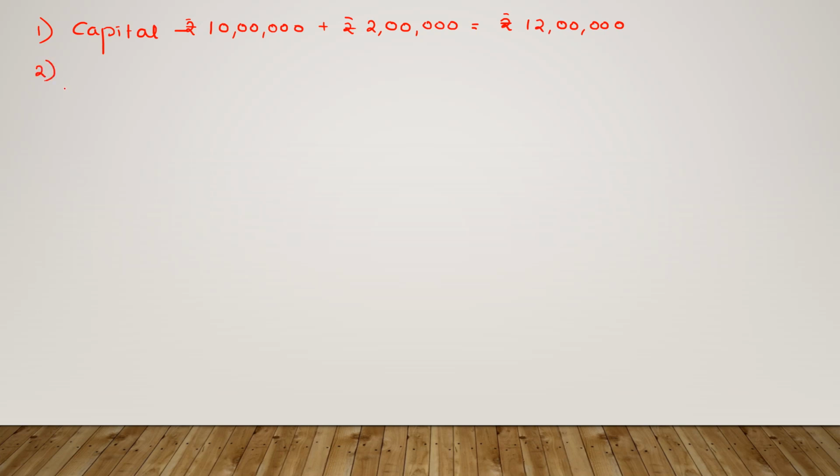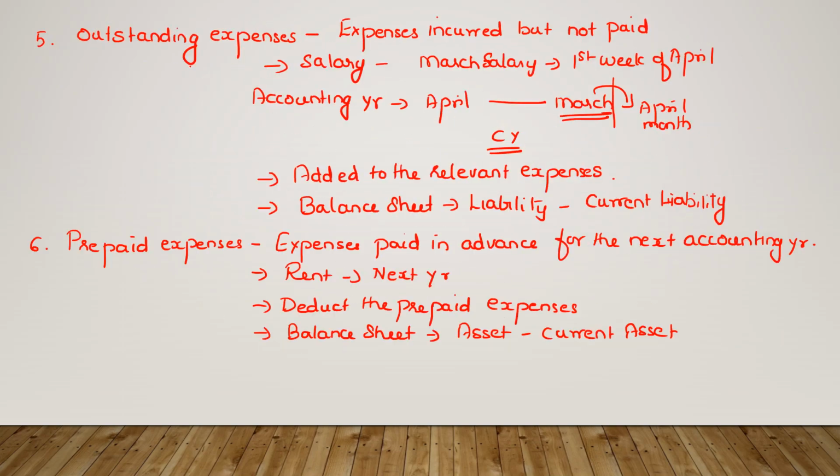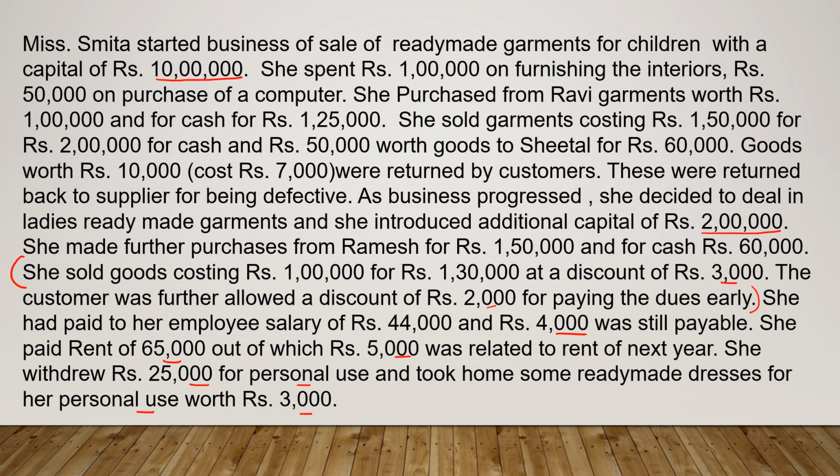And then we saw just now about drawings. What is the amount of drawings? We found that she withdrew 25,000 rupees for personal use and took home some ready-made garments for her personal use worth 3,000.